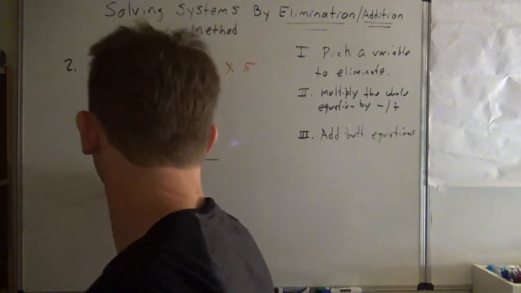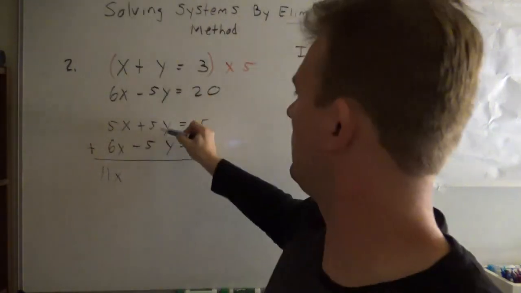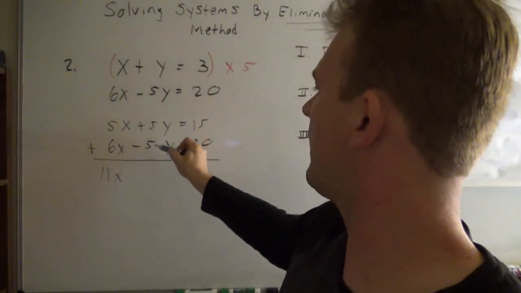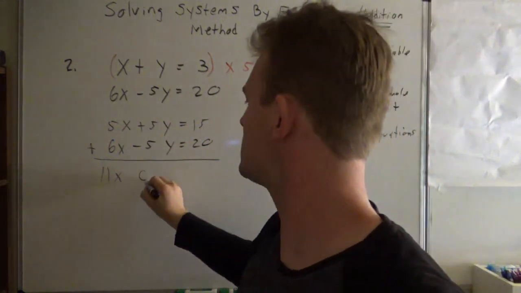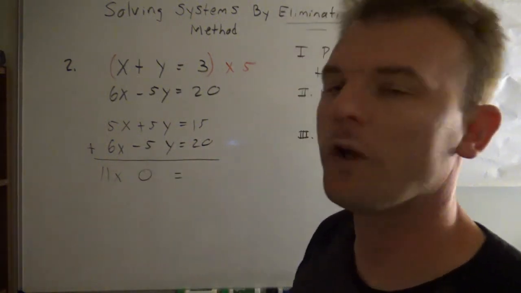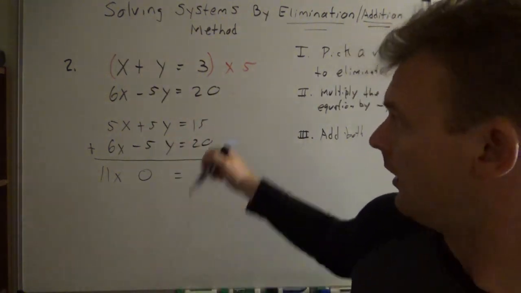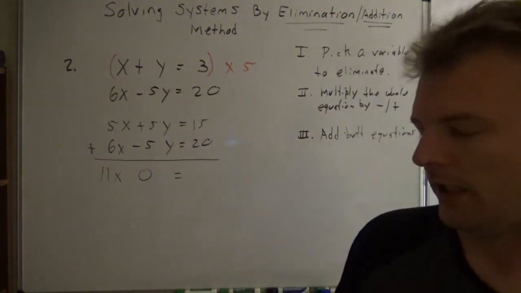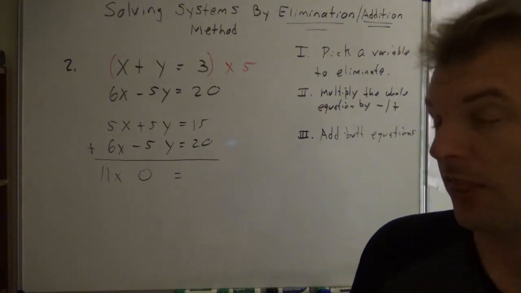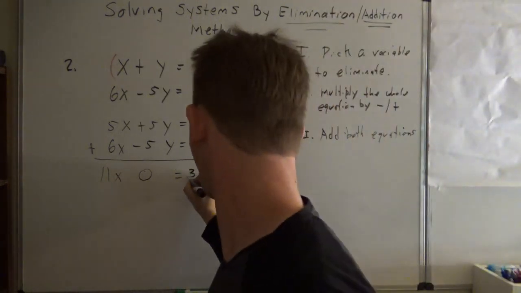Oh, look at this. 5y minus that is 0. That's what you want. You want to eliminate one of the variables. 15 plus 20 is going to be, let's see, that's 35.